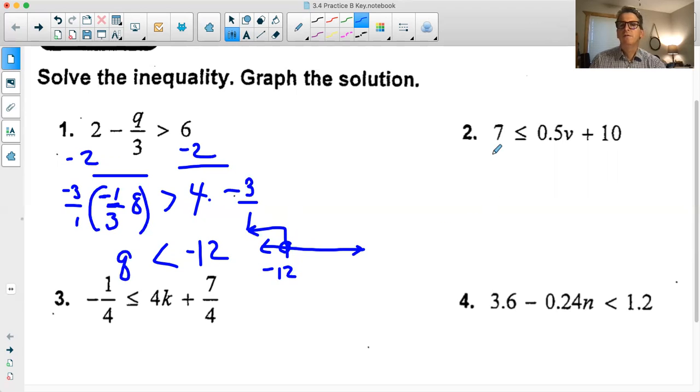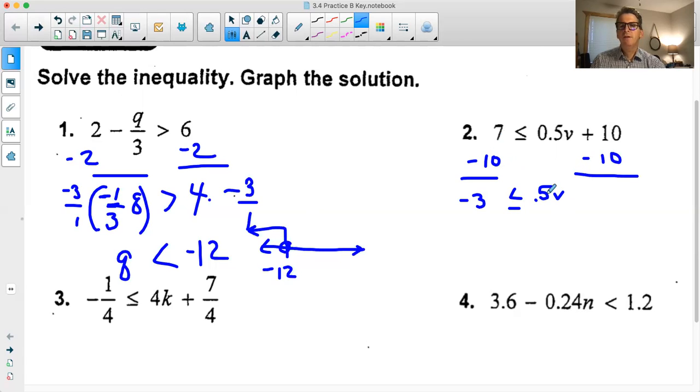Number 2, 7 is less than or equal to 0.5v plus 10. Subtract 10 from both sides, and 7 minus 10 is negative 3, less than or equal to 0.5 times v.